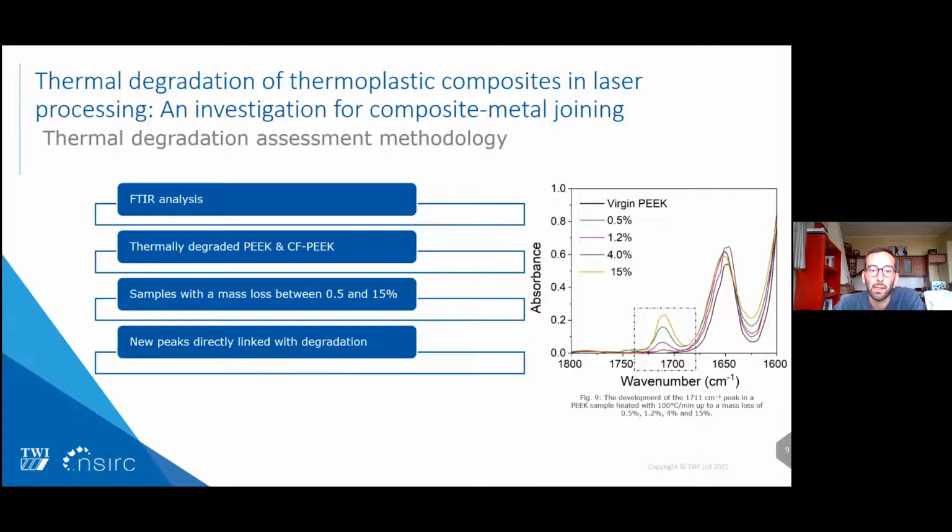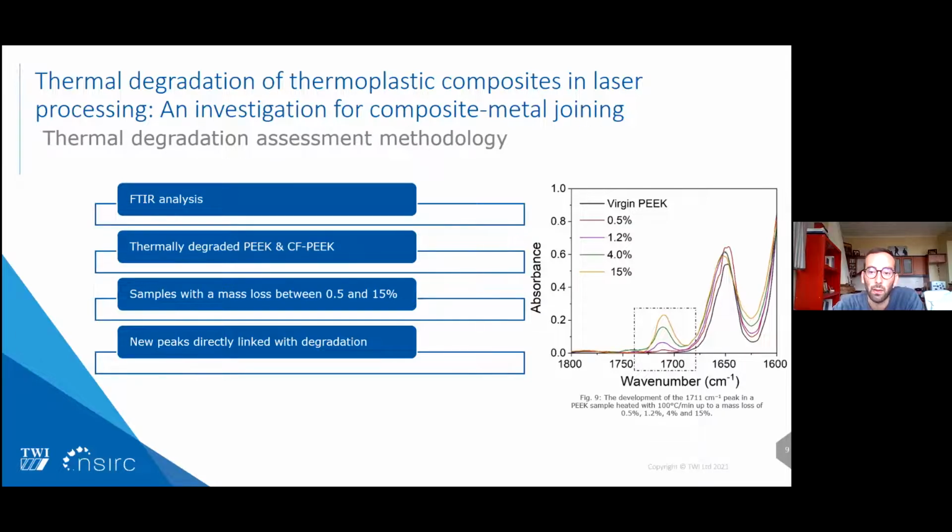We examine thermally degraded PEEK and carbon fiber PEEK samples that have lost their mass from 0.5% up to 15%. Those samples reached this mass loss by being heated with several heating rates, from 5 degrees Celsius per minute up to 100 degrees Celsius per minute. We have examined these samples with FTIR, and the spectral changes that are detected can be seen, for instance, in figure 9.